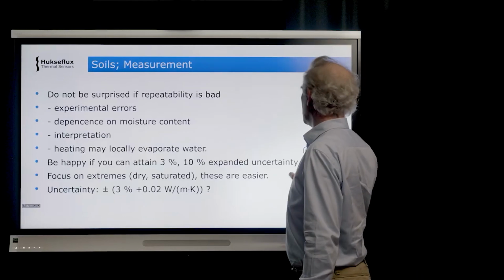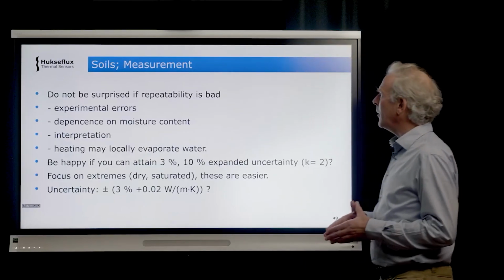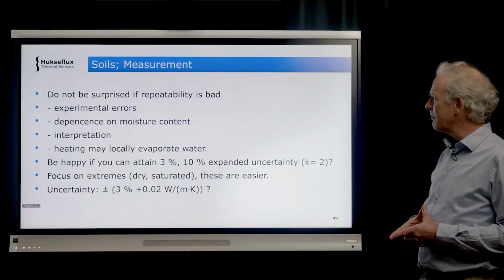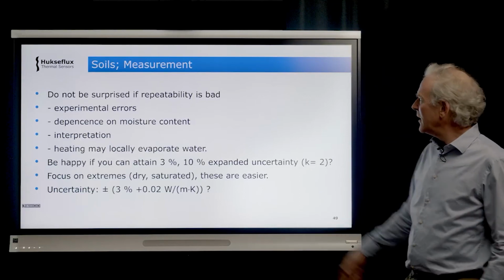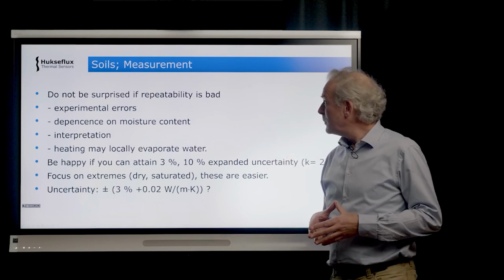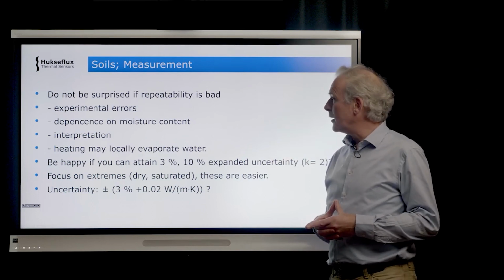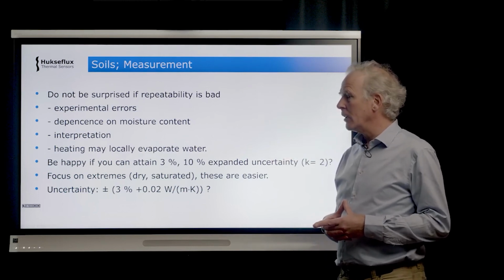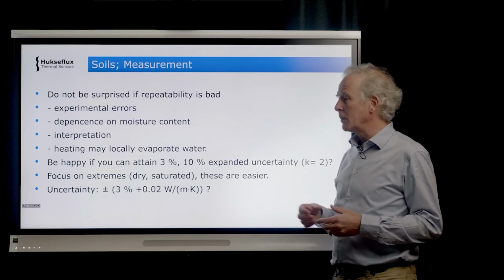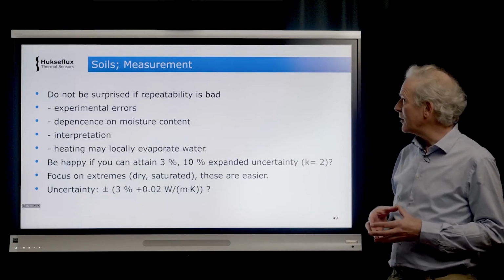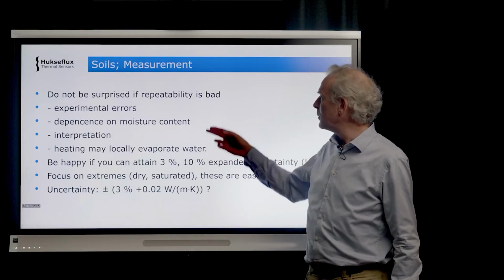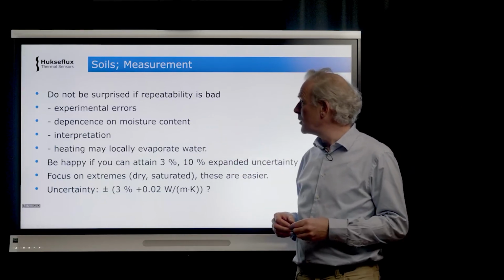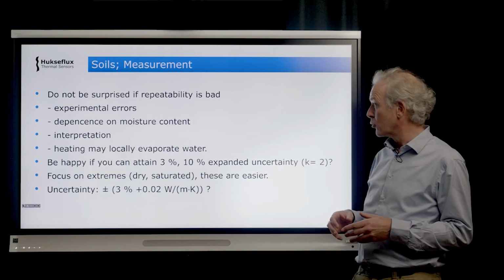So what do you do when you do a measurement? Well, you put the needle in the soil. Don't be surprised if repeatability is bad. As was explained in the earlier section of this presentation, there are many possibilities for experimental errors, but also the dependence on soil moisture content is very strong.